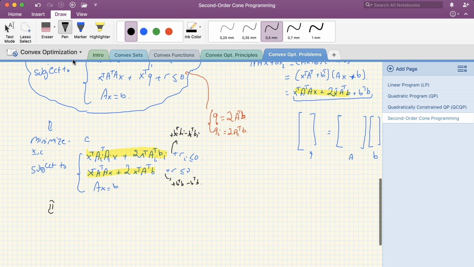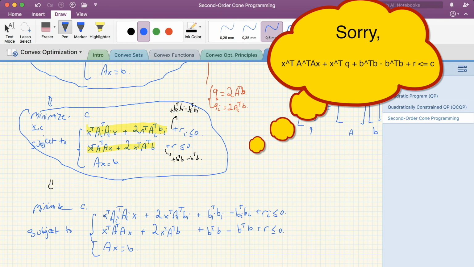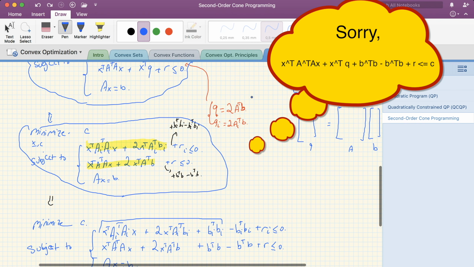So this guy becomes: minimize C subject to x transpose Ai transpose Ai x + 2 x transpose Ai transpose Bi + Bi transpose Bi minus that, plus ri is negative. Now note that this guy is actually the norm AX + B squared.